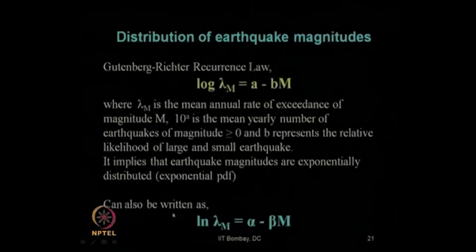So, what we can do, the same Gutenberg-Richter recurrence law, another way to write it is ln, this is natural log, this is log to the base 10, and this is natural log of lambda m equals alpha minus beta m. Okay? We are just changing the scale from log to the base 10 to natural log.